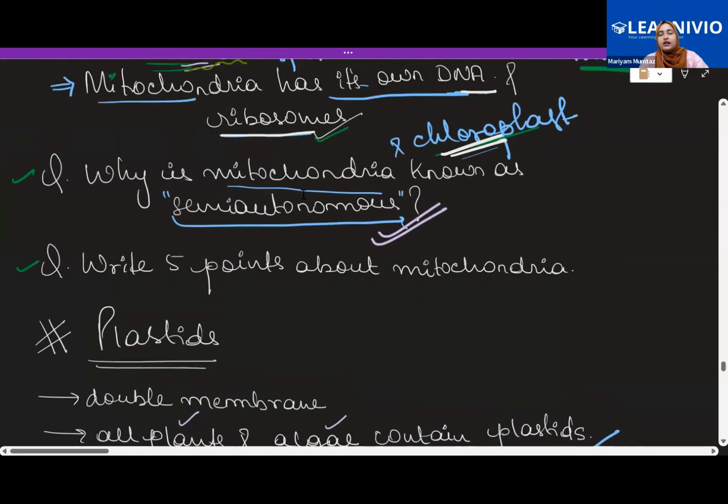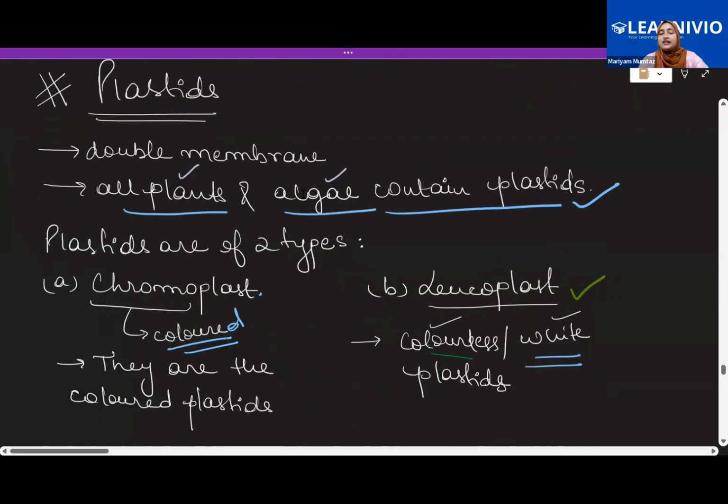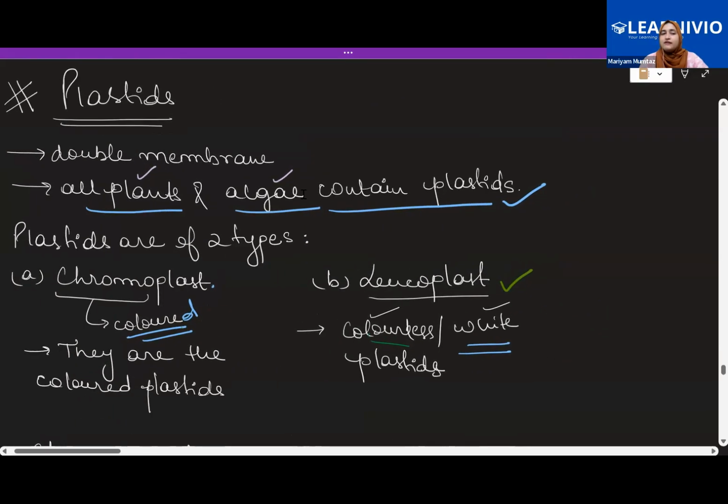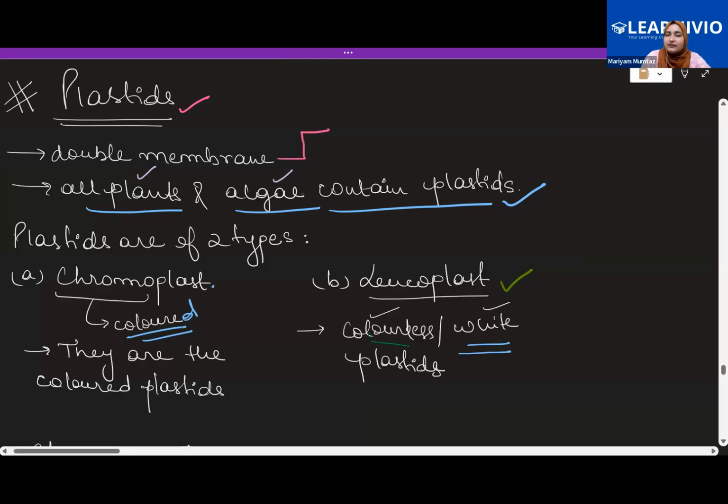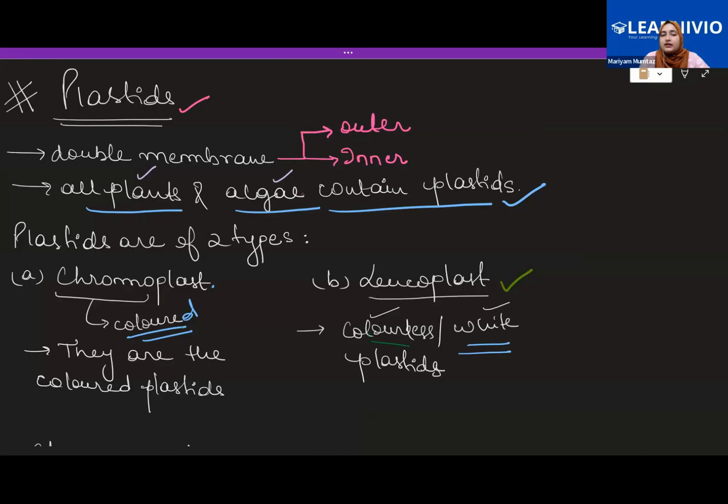No. Now, after that, there comes the next cell organelle, which is mostly found in photosynthetic organisms such as the plants, such as the algae, and that is the plastid. Now, plastids are also double membranous structures, so they contain an outer membrane and an inner membrane, right? Now, this plastid is of two types depending upon the color. If it is a colored plastid, you will call it chromoplast.